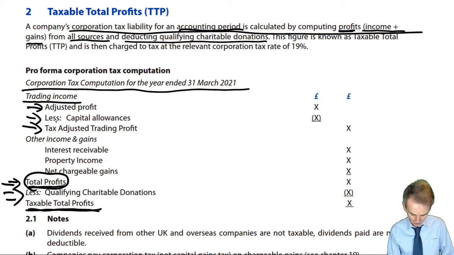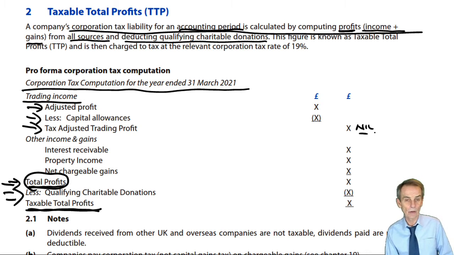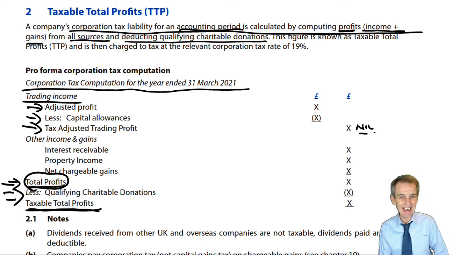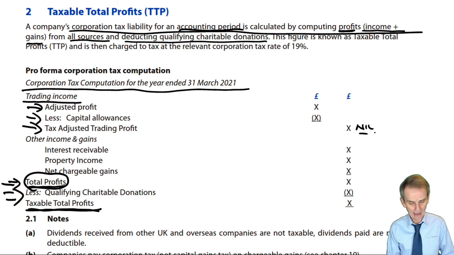If it were a loss, then you would have a nil assessment rather than a profit figure to go in. We never put a negative figure of the loss figure in the corporate tax computation. If it is a loss figure, whether £1 or £1,000,000, it is a nil assessment there. And we separately deal with the choice of loss reliefs that would be available and try to get the best use of that loss for the company.